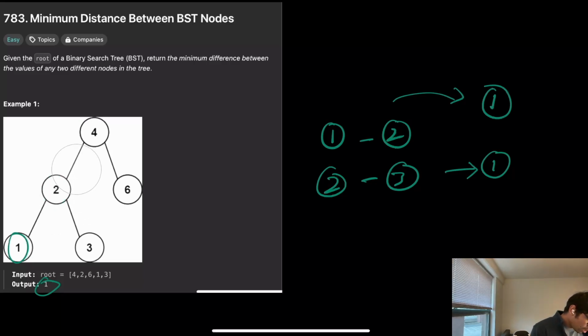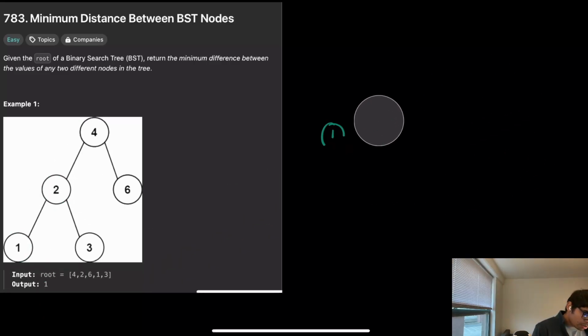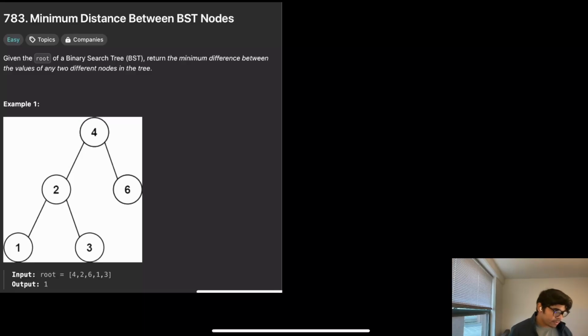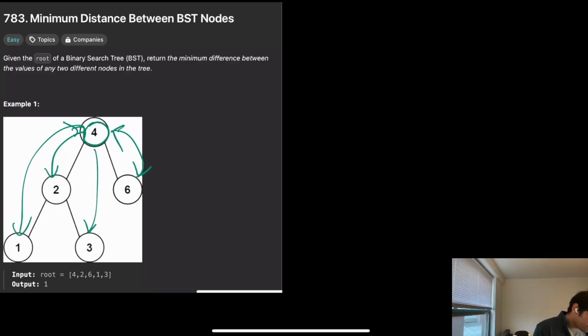Now, in order to solve it, what we can do is check for every node. We can compare the values with every other node. For each node I'll be comparing its difference with every other node, and then I'll be doing that for every node.